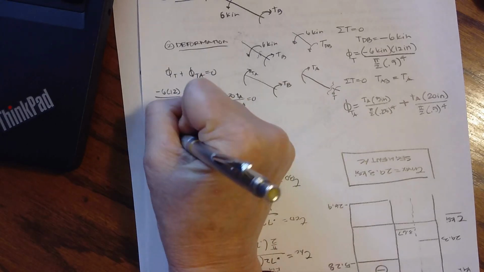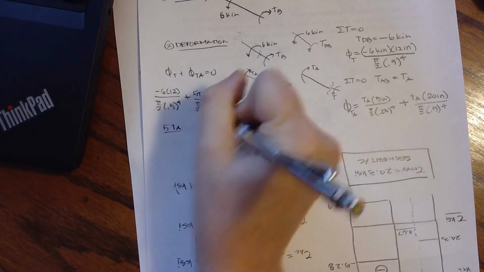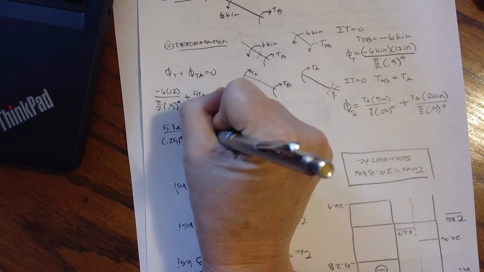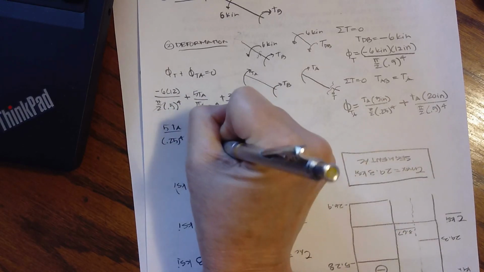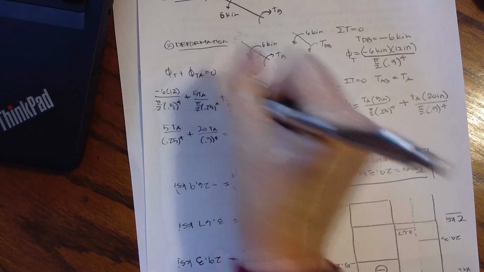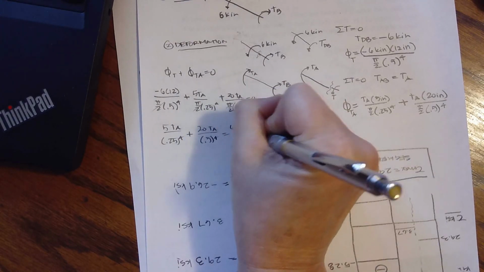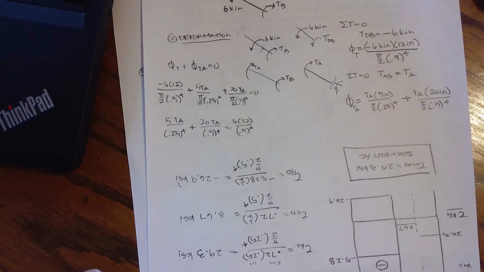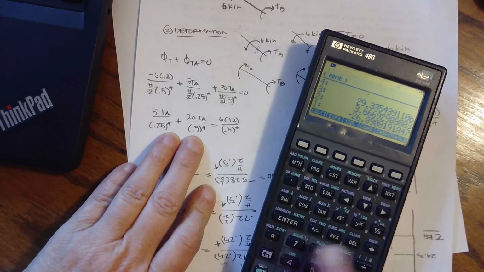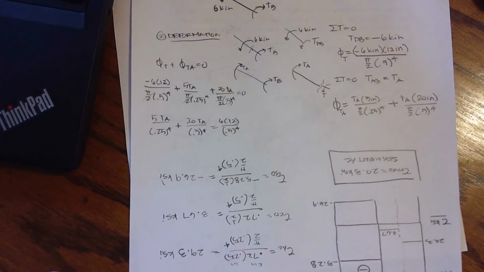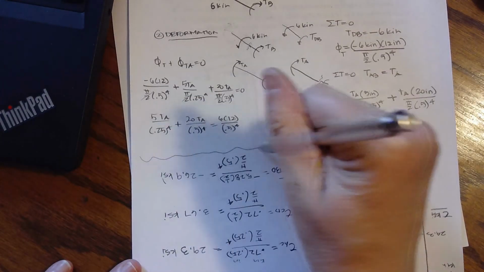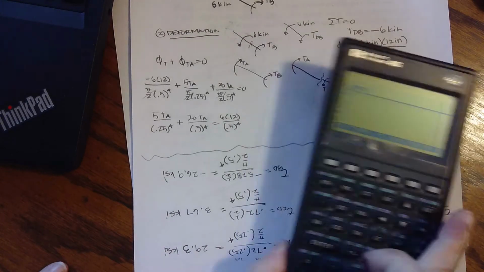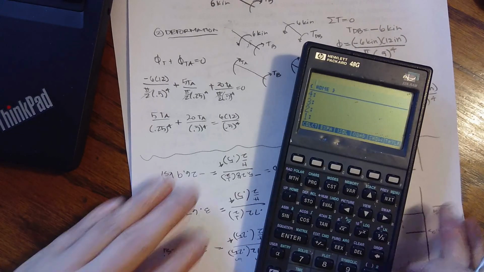So I have 5TA over 0.25 to the 4th plus 20TA over 0.5 to the 4th equals 6 times 12 over 0.5 to the 4th. And see, this way is much easier because you don't have a system of equations. I'm going to draw a line here. You don't have that system of equations, and so it's just easier math.